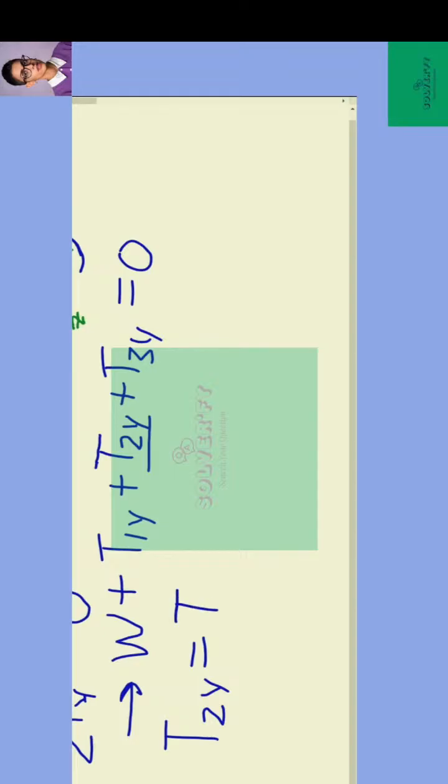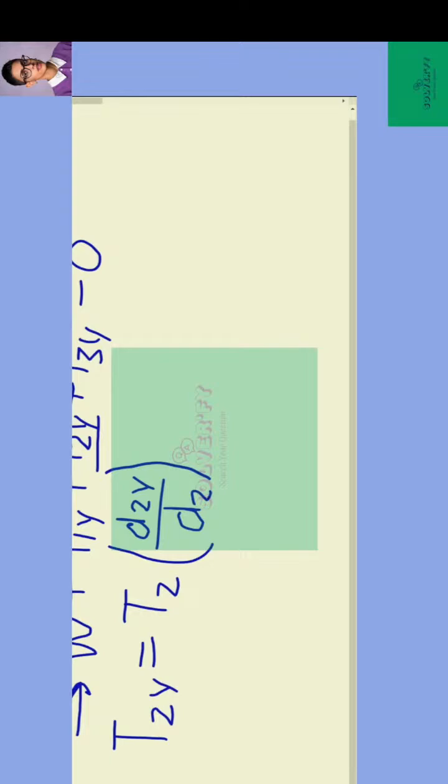just by multiplying our tension by a ratio of the y dimension of the cable. Call that d2y over the length of the cable, which we'll call d2. We can calculate the length of that cable just by the Pythagorean theorem.